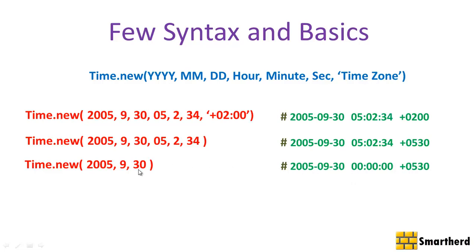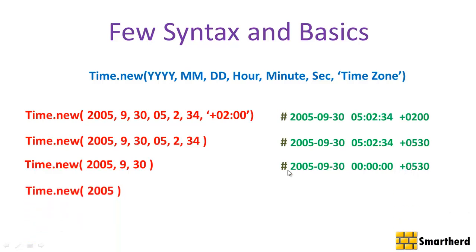Now if we don't write the time here, then it is going to initialize the time like this: 00:00:00, and this time zone, as I discussed with you, is the time zone at which you are located. I have written plus 0530 because this is actually my time zone. You can search out where I am located, no problem.